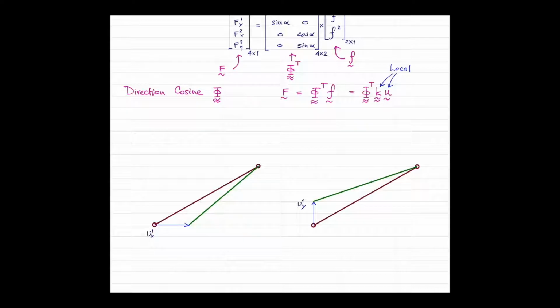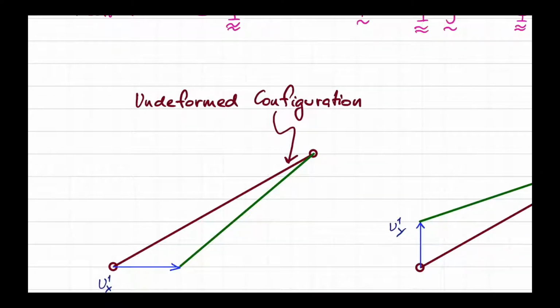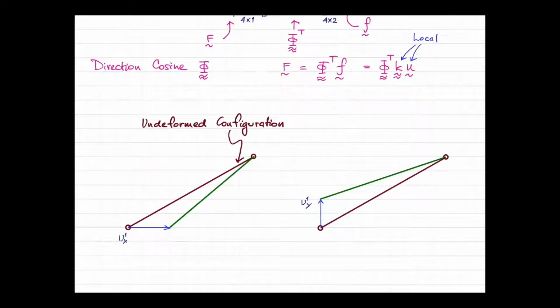Well, just to get yourself used to some terminologies a little bit, the brown line is the undeformed configuration, whereas the green is the so-called deformed config.